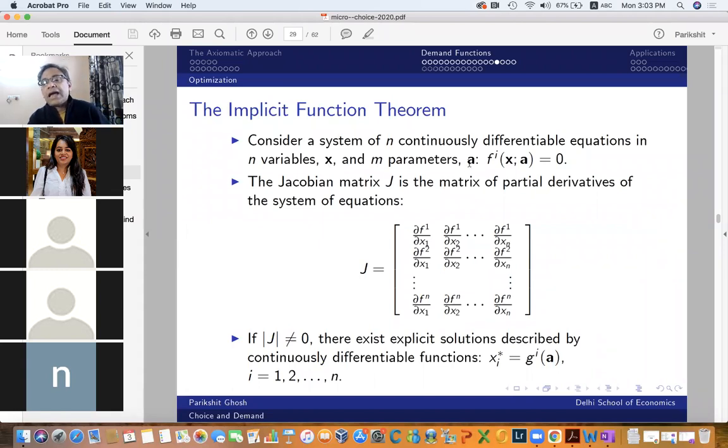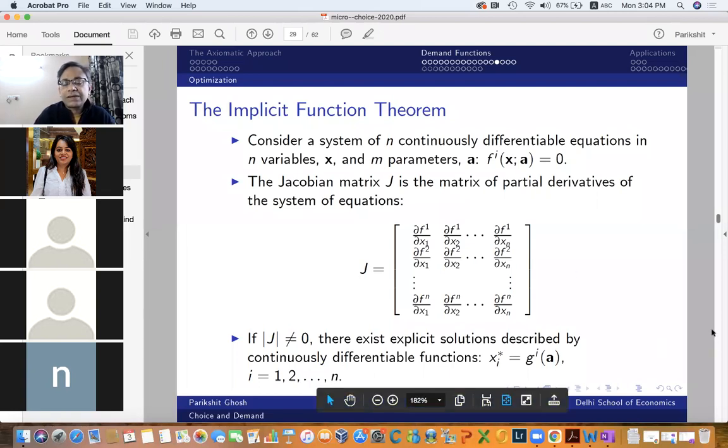Our ith equation in our system, so we'll have n equations because we have n unknowns, is of this form: some function fi takes the value 0. We'll write these always in the form that on the right hand side we have 0. One question is, when does a solution exist? And the second question is, how can we do comparative statics?